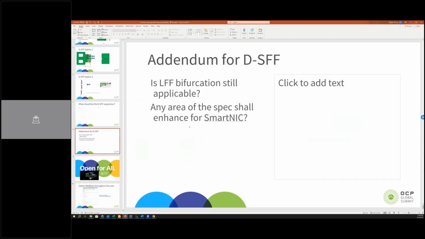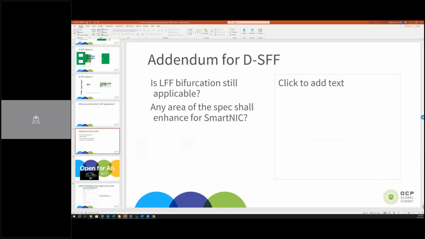For other areas, I think we can look in parallel instead of focusing on just one factor. One factor is important, but we need some time to get there. There are certain things we need to work on in parallel. For the dual small form factor, all the bifurcation that we initially defined for the large form factor, is it still applicable?